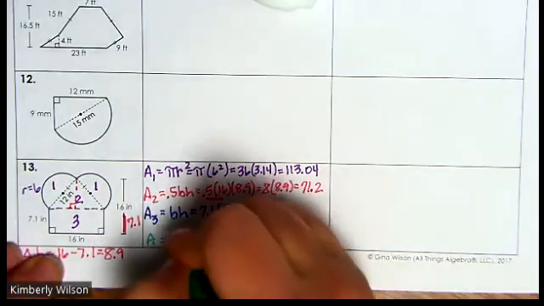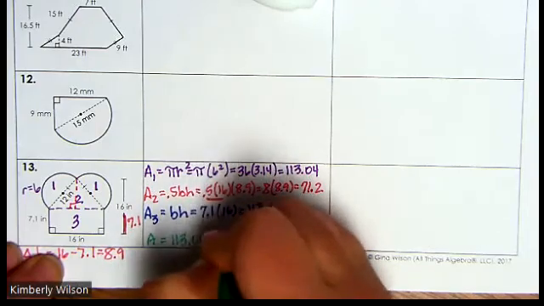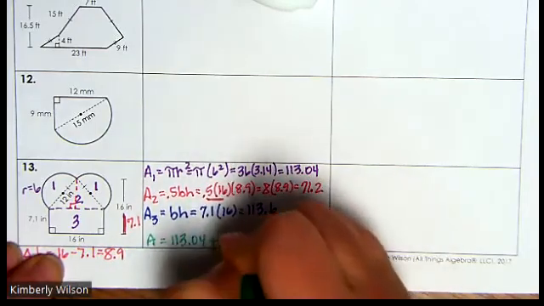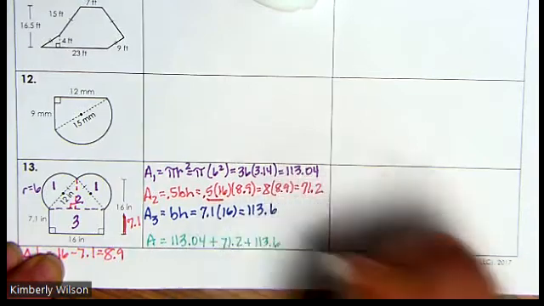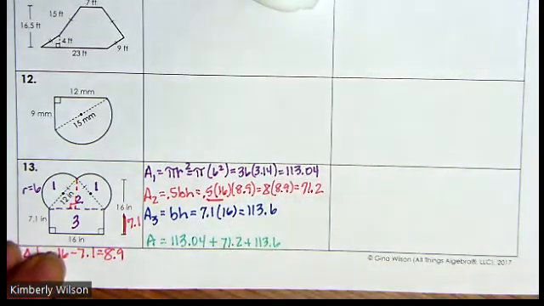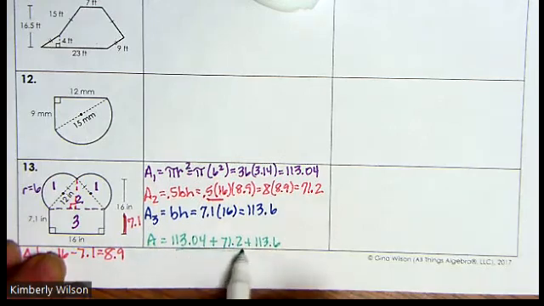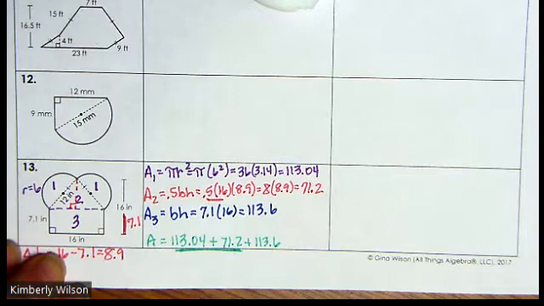Now, remember, to find the composite area, we add them all up. So I have 113.04 plus 71.2 plus 113.6. Now, the last one, I did them all together just because I didn't have space. Technically, you can only add 2 things at one time. Plus 71.2, enter.